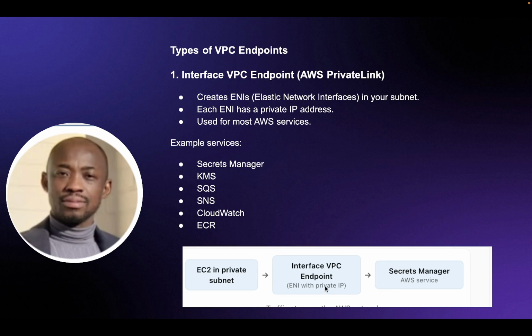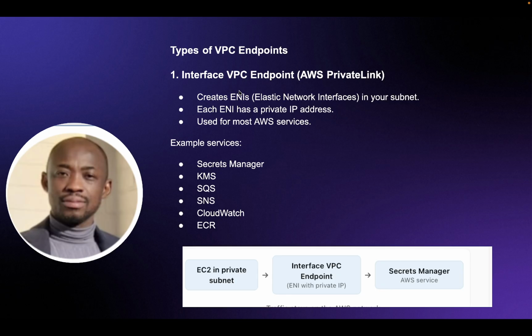You'll be given a private IP, sorry, not a public IP. The EC2 instance will connect through that private IP to Secret Manager, and therefore the connection will be private. It's not going to traverse over the internet.